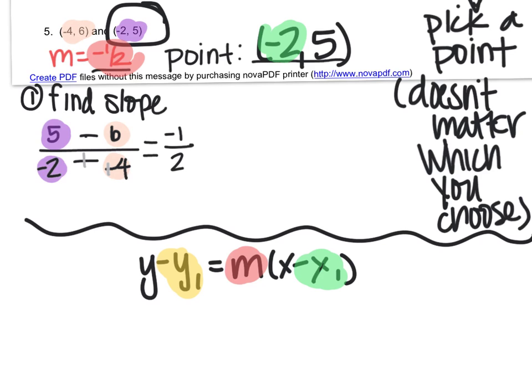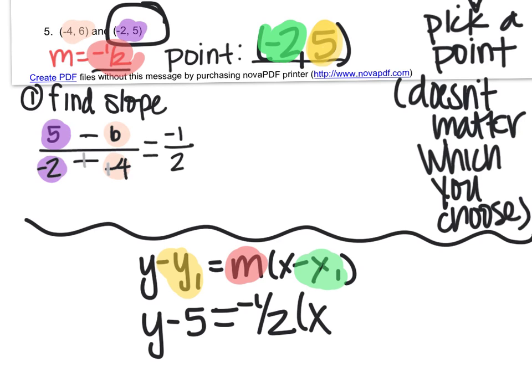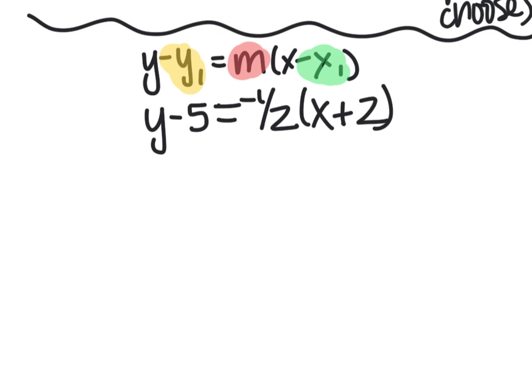And then our y value is actually going to be +5. So we're going to rewrite this as y minus 5 equals -1/2 times x plus 2. Again, notice that our signs are going to switch. So recall that in our ordered pair, this 2 was negative, but down here it is positive, and my 5 was positive, but in the equation it is negative.